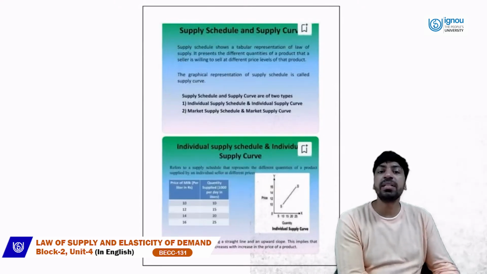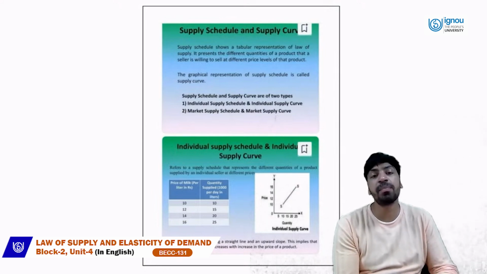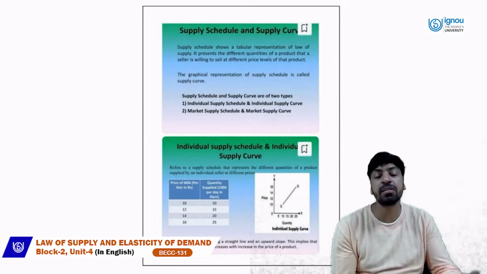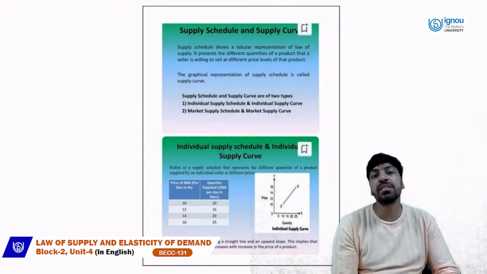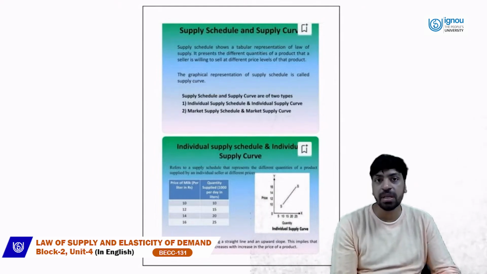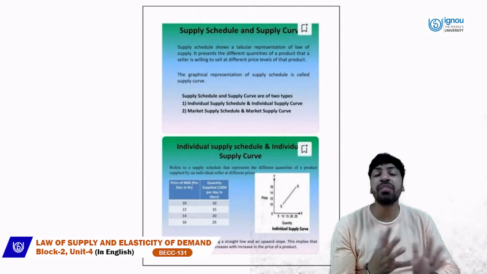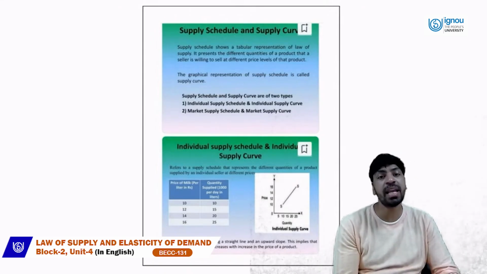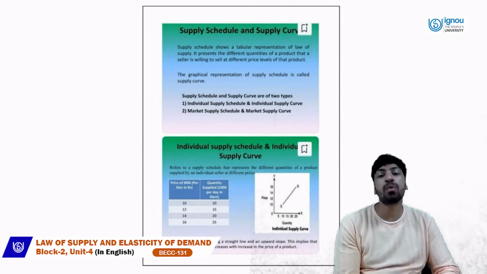The next one is supply schedule and supply curve. Before I begin with elasticities or the law of supply concept, you need to understand what the supply schedule and the supply curve are. A supply schedule is a tabular representation which shows the different quantities of a product that a producer or seller is willing to sell at different price levels of that commodity.